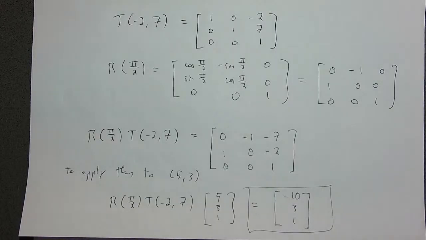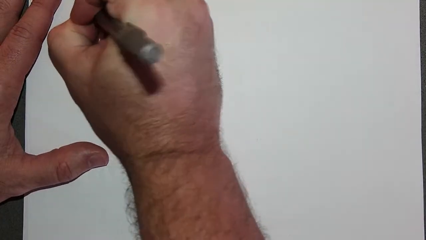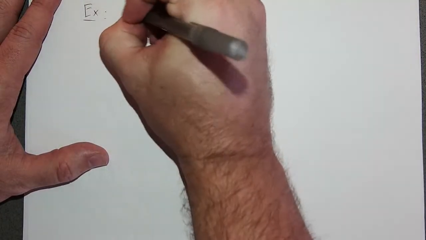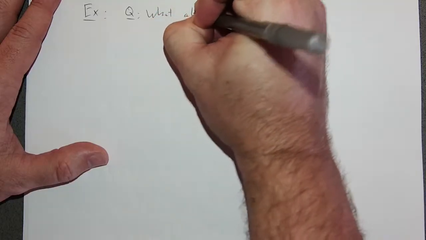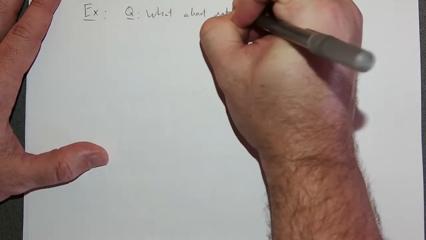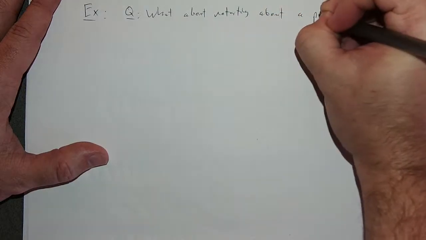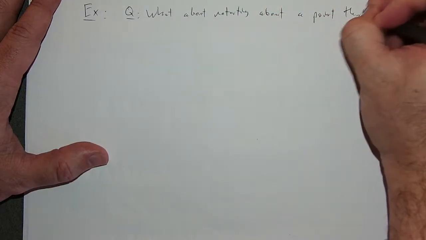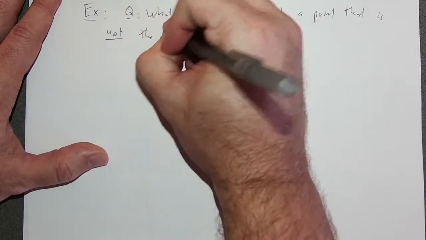I keep referring to this, but now it's time I actually write it out explicitly. Question: what about rotating about a point that is not the origin?